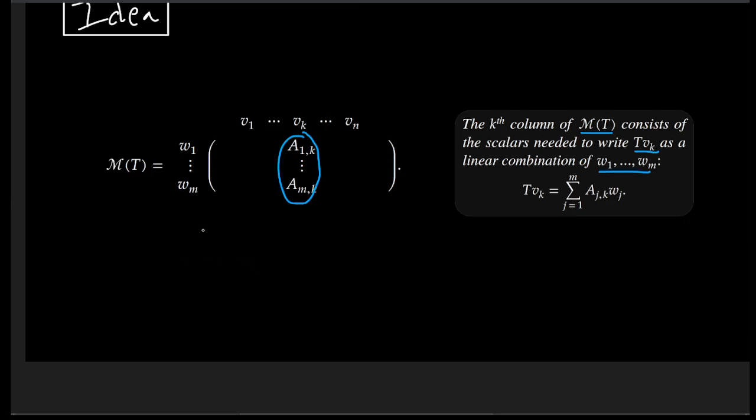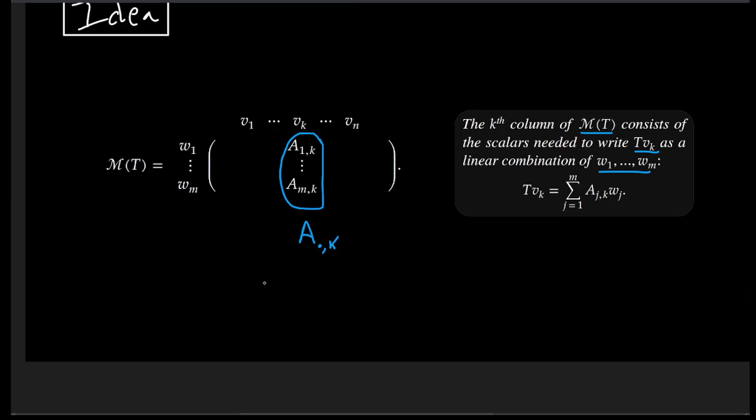Here's sort of a way to look at it. I'm going to introduce some notation that we will use a little bit later. Since this K here stays fixed, let's just call this A dot comma K. We'll use this notation again later.